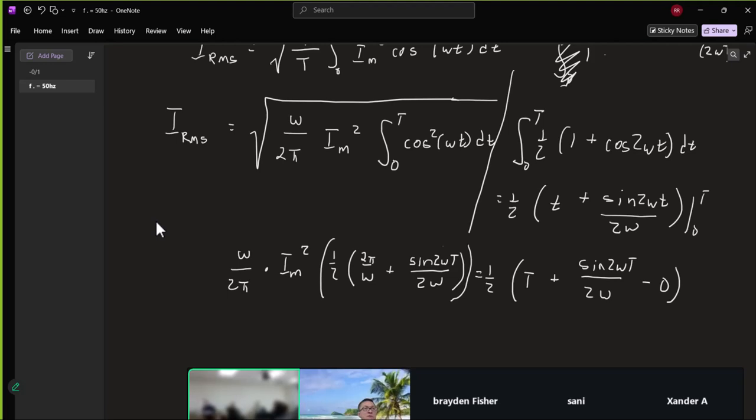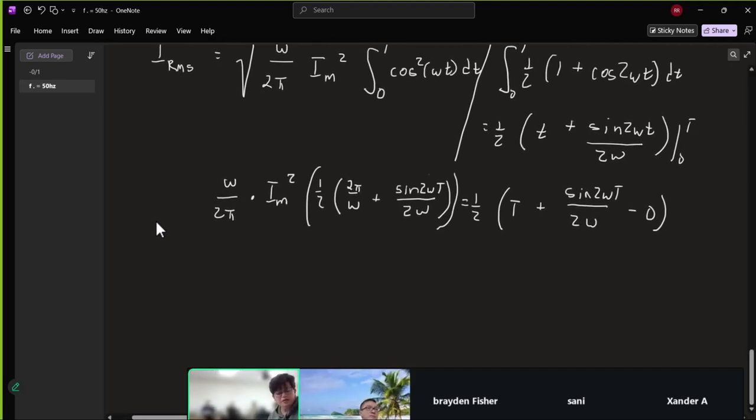But what was it actually? 1 over f. What does T mean? It's the period, when it repeats itself, and so it's going to have the same value at T as it had at 0. And what's the value of sine at 0? 0.